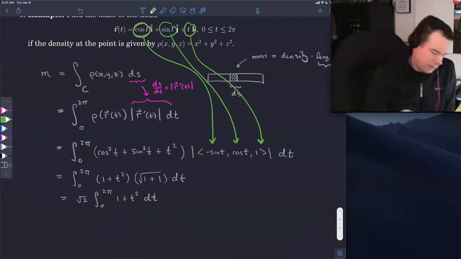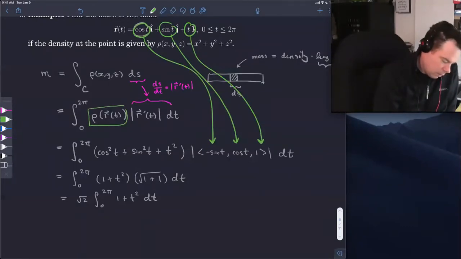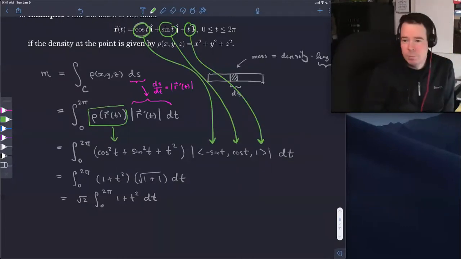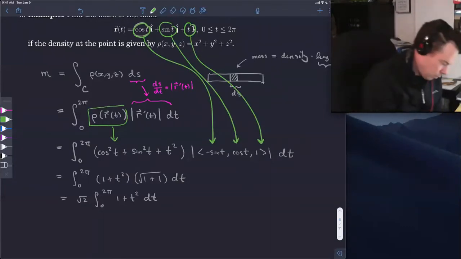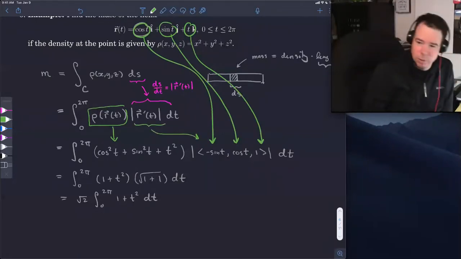Nope, because that's that part. That's rho evaluated at the point on the curve. No derivatives there. Just evaluate the function rho at a point on the curve. And then the derivative comes in with just the parameterized curve. Basically it's the tangent vector. We just want to find the tangent vector. So that has nothing to do with the rho part of it. Does that make sense? Yeah. Okay. So I'll indicate that here, that part was that part there.